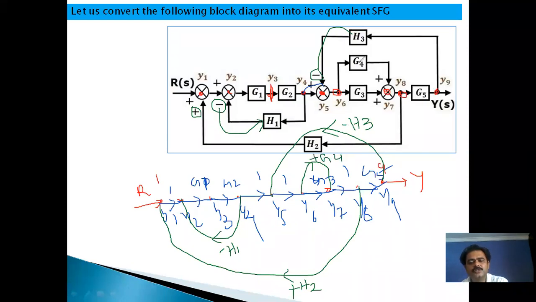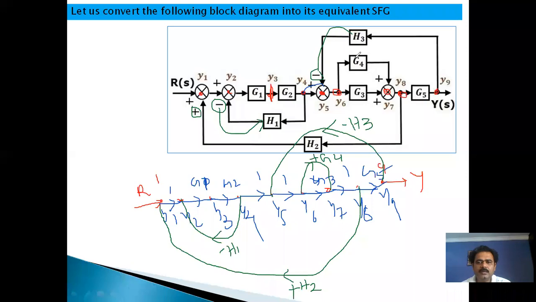Here it is a positive sign, so we get plus G4. That completes the signal flow. Is there any loop missing? Only four branches. So one forward path and four other branches.